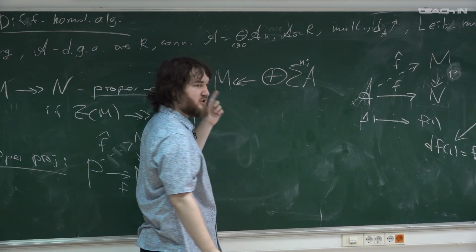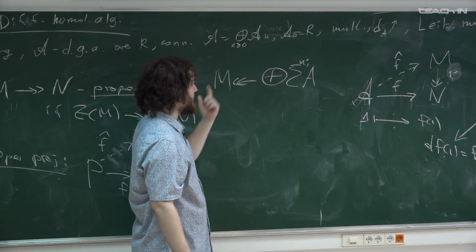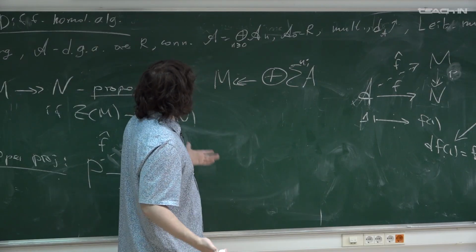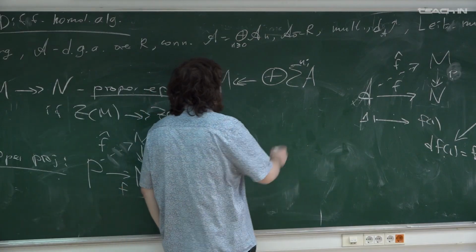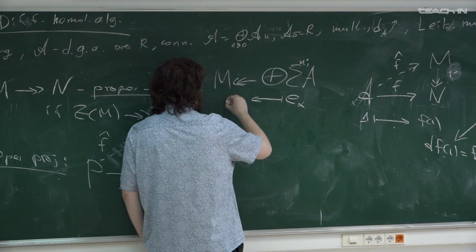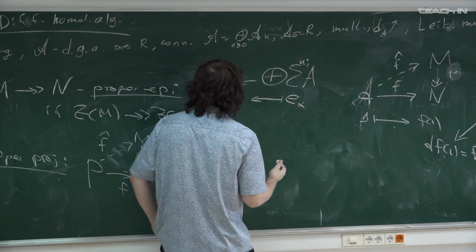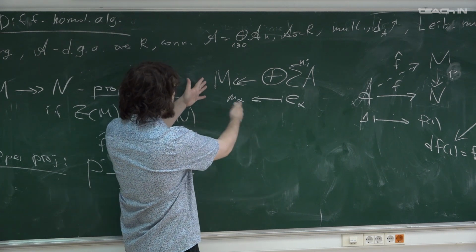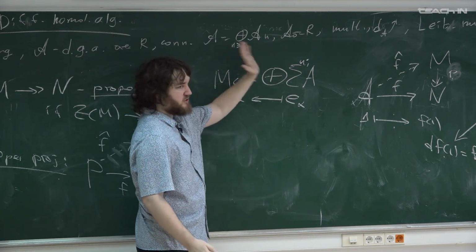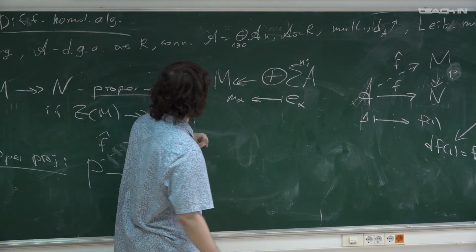It's true for graded modules, but for differential modules it's an obstruction. Of course you can consider E alpha going to M alpha, but maybe you have some relation between differentials of M alpha, while here your differential is diagonal, so it's not a differential map.